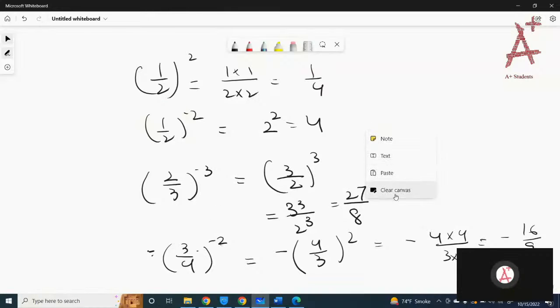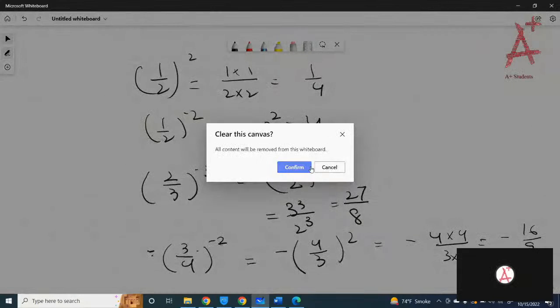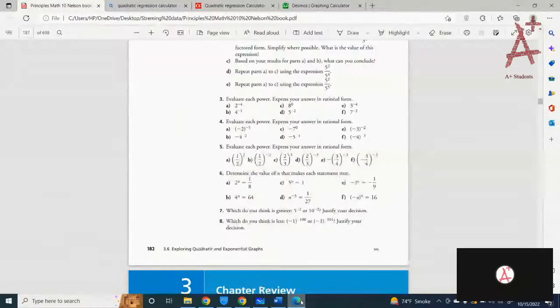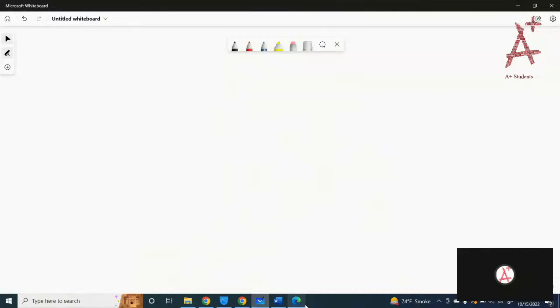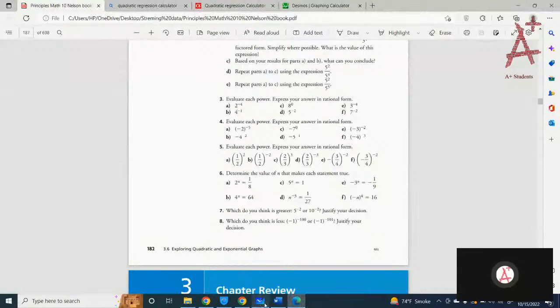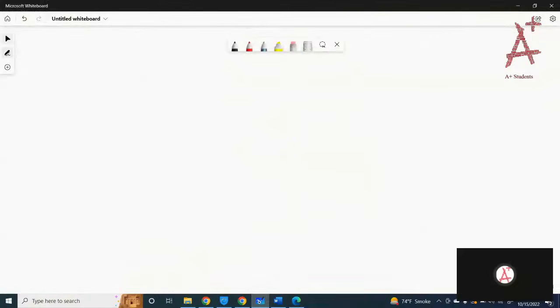Okay, the next one is determine the value of n that makes each statement true. The first one is 2 exponent n equals 1 by 8.